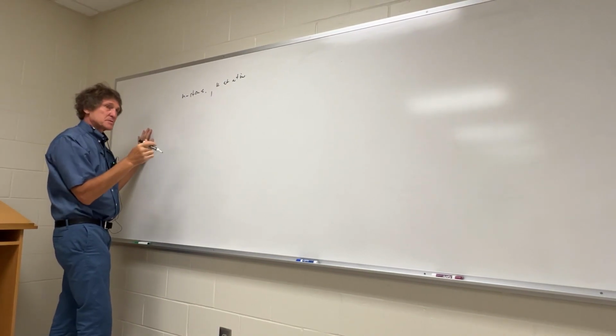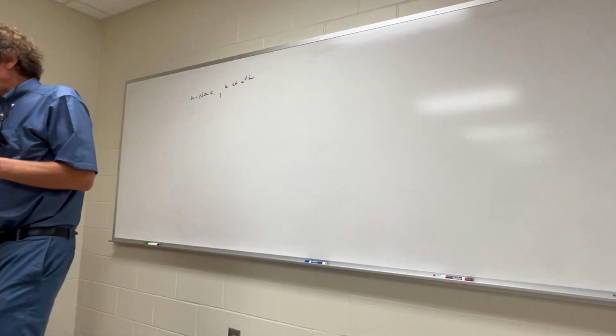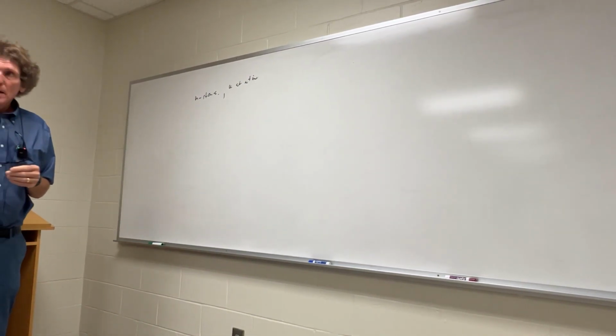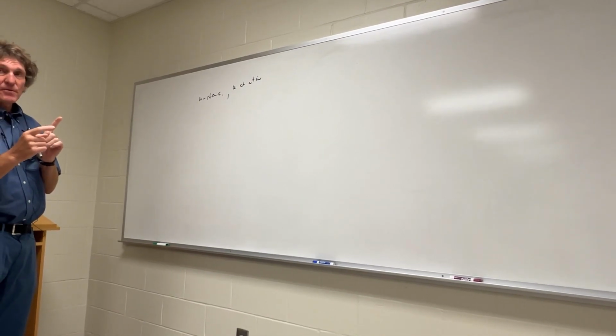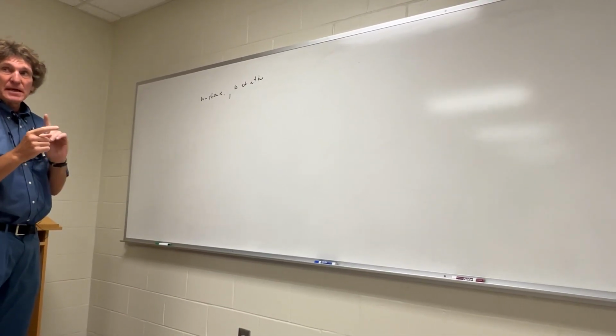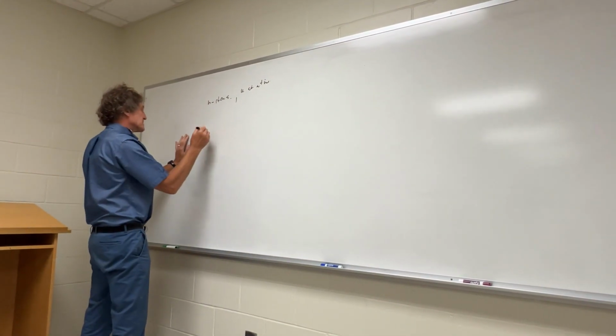Follow me on this? Think of A, B, C, D, E, F, G, and you want to take 4 of those letters, and the order is important, like A, B, C, D would be different than D, C, B, A. Order is important. These are called permutations.